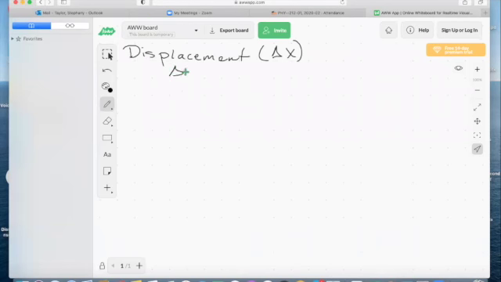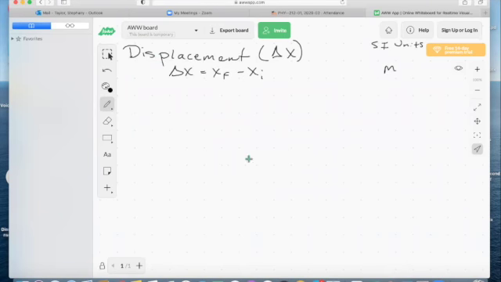Right, and delta x is your final position minus your initial position. Now this is in reference to the x-axis. All right, and we'll put the SI units here. So this displacement, which is your change from your initial position to your final position, is going to be in meters. All right, so lowercase m.